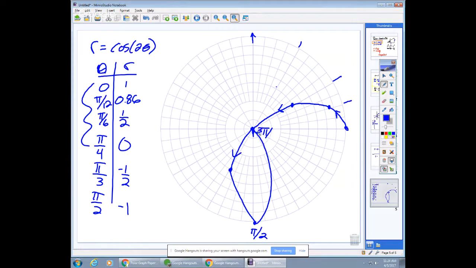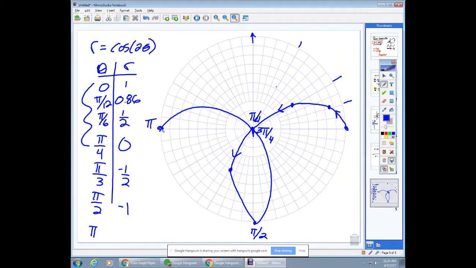Pi over 4 got me there in the first place. And then from there, we're going to head out in this direction, and that'll put me at pi. Just to double check, if I plug in pi, I get cosine of 2 pi, which is 1. And so that's going to put me right there.